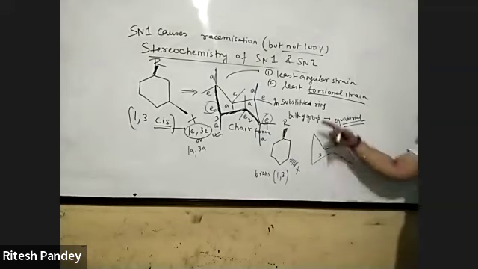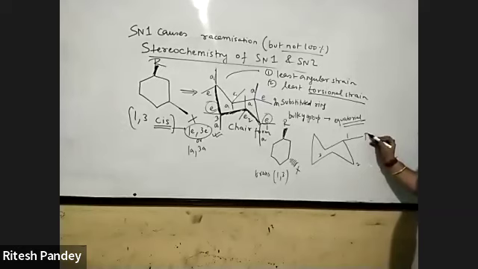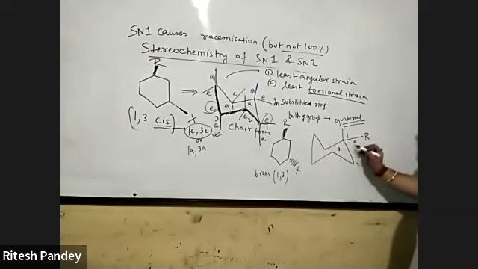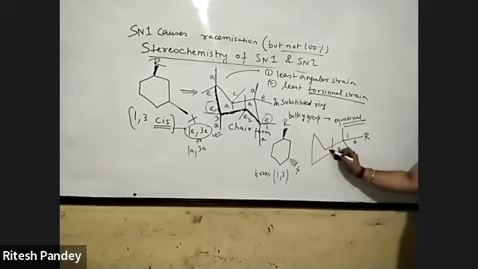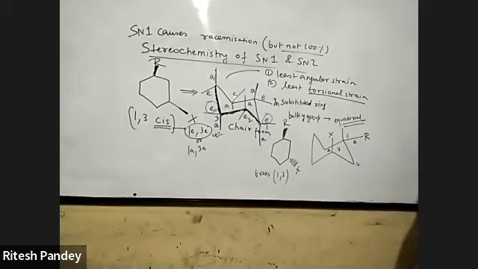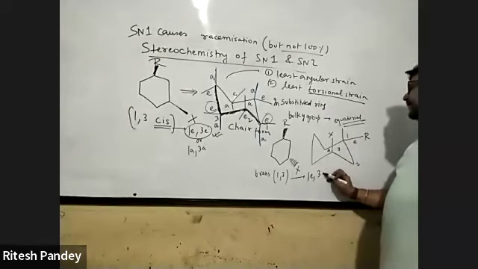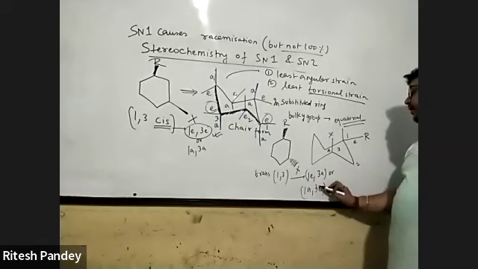I want this to be equatorial, which is below. Yes or no? And at position 3, because this is trans, ये अगर नीचे वाला हो तो ये ऊपर वाला हो जाएगा, yes or no? Which will mean I'll either have a 1E3A or a 1A3E arrangement.